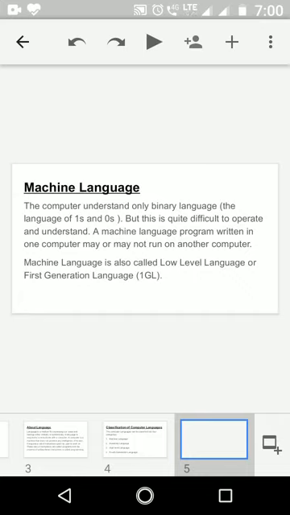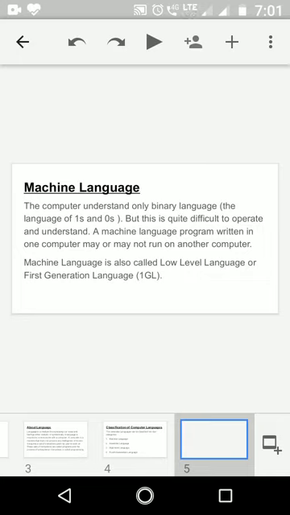A computer is an electronic device which just understands the binary language, that is zeros and ones. What does zero mean? Zero means the current is not coming to that particular point, and one means current is coming to that particular point.